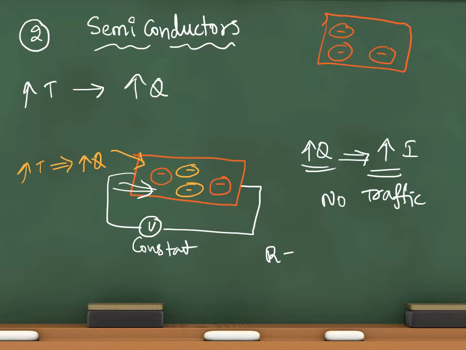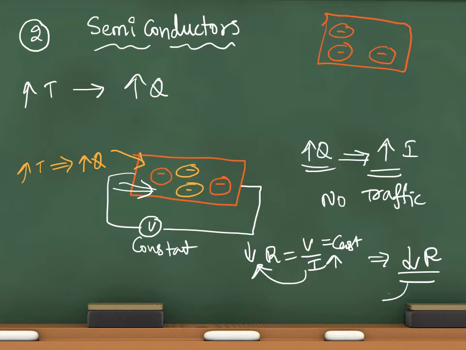So what is R? R equals V by I. V is constant and I increases, so there will be a decrease in R. R decreased, so there will be a reduction in the resistivity of the material.